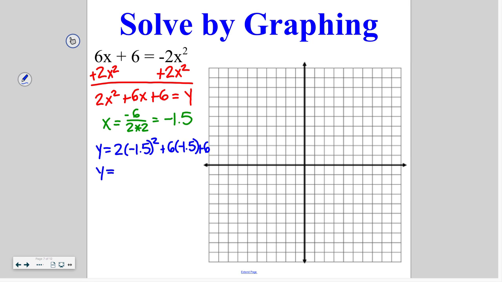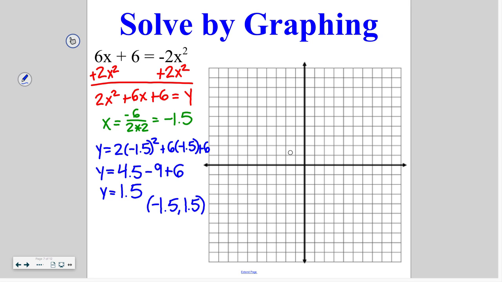Solving that, I'm going to end up with an answer of 4.5 minus 9 plus 6. Solving for that final answer, I end up with a y of 1.5. So my vertex is going to be at negative 1.5 and 1.5.